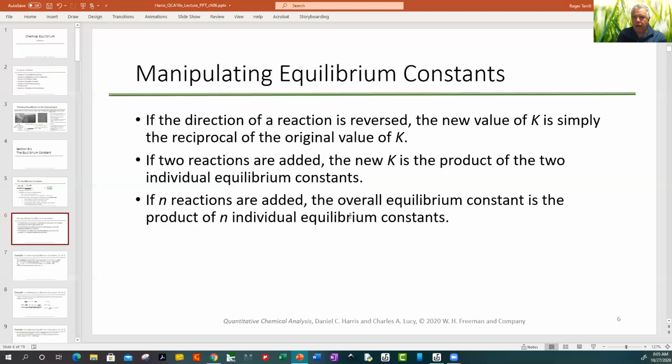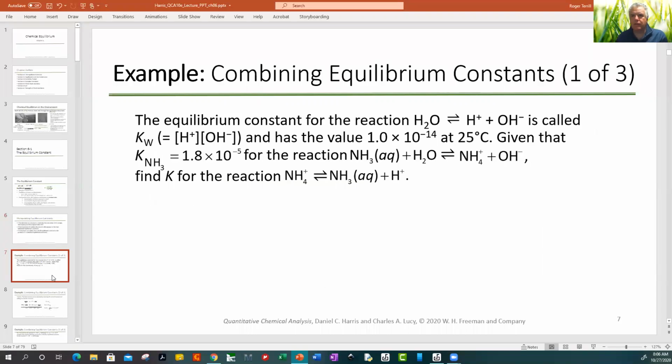If N reactions are added, then the overall equilibrium constant is the product of the N constants. That's a restatement of number 2. So if A goes to B, B goes to C, C goes to D, then for the overall reaction, A goes to D, the equilibrium constant is the product of equilibrium constants 1, 2, and 3. We'll see some examples of that shortly.